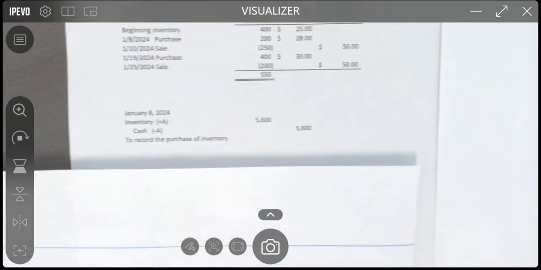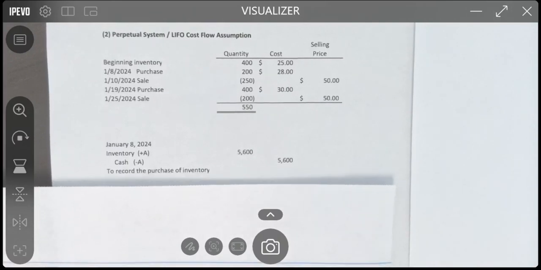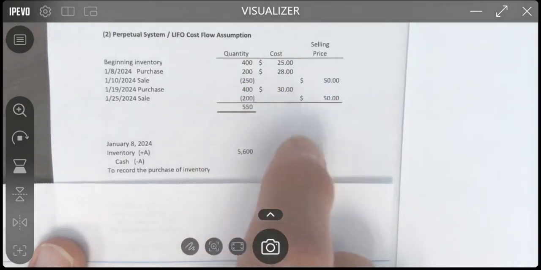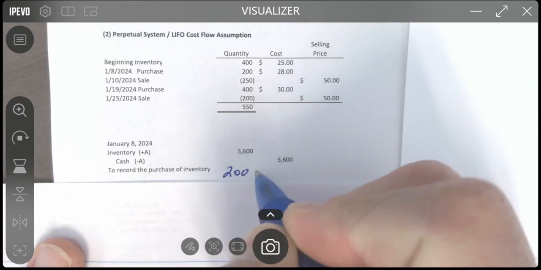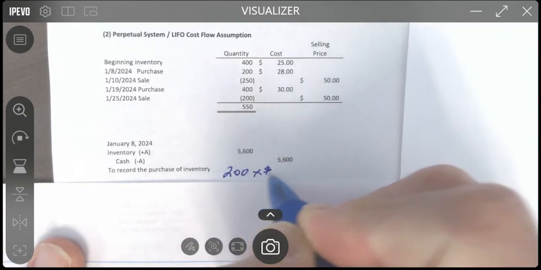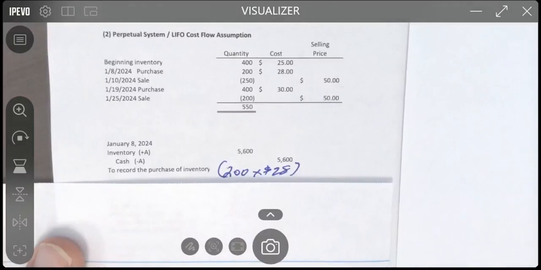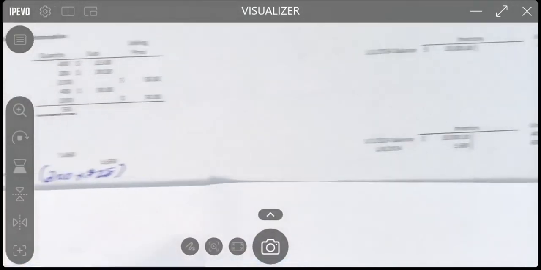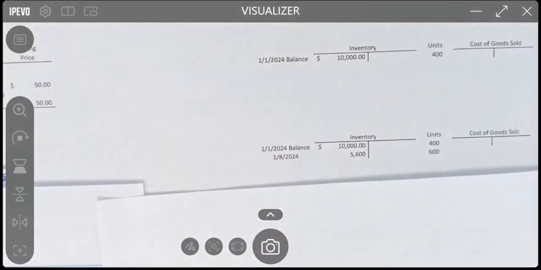All right. The first transaction was that additional purchase on January 8th, and it is 200 balls at 28, or 5,600, and you should have that posted to your general ledger account.